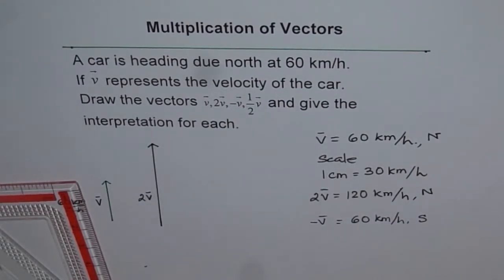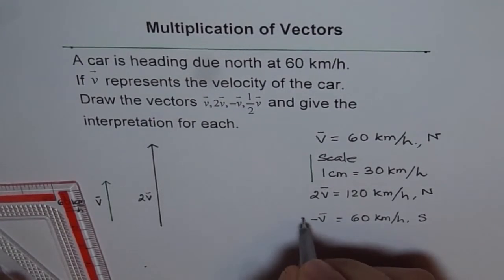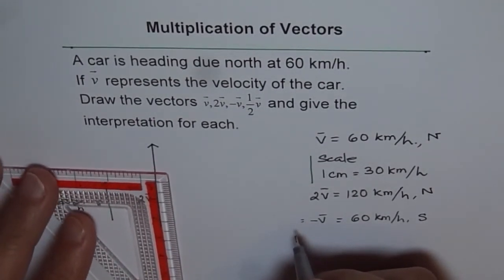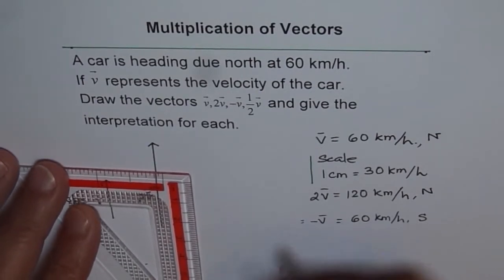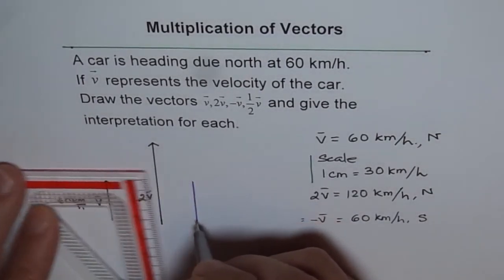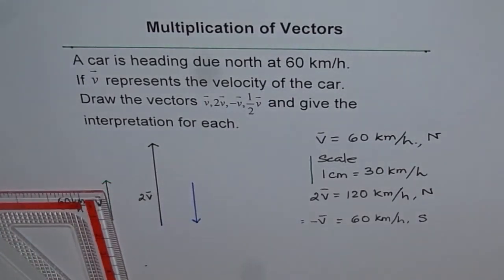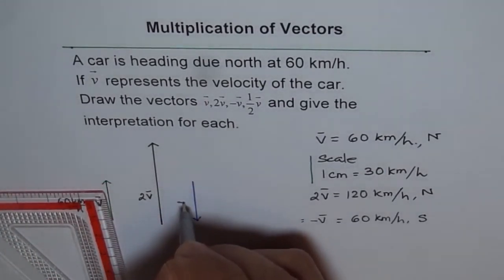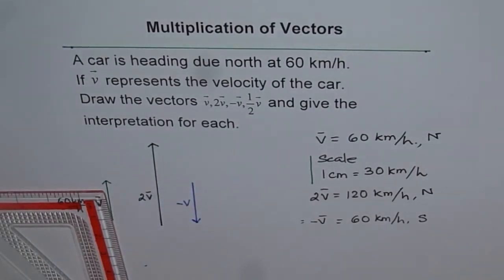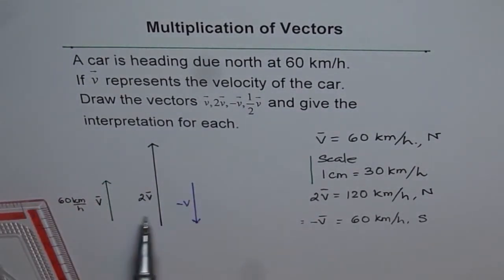So if we have to represent this vector, then on this scale of 1 centimeter equals 30 kilometers an hour, this should be 2 centimeters but pointing downwards, correct? So that is 2 centimeters pointing downwards, and that represents minus v. As you can compare, these are opposite vectors, correct? Same magnitude, opposite direction.